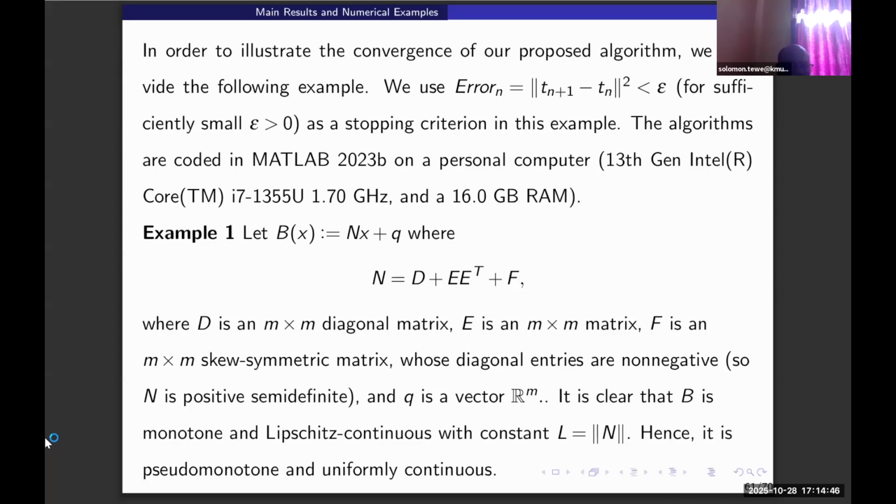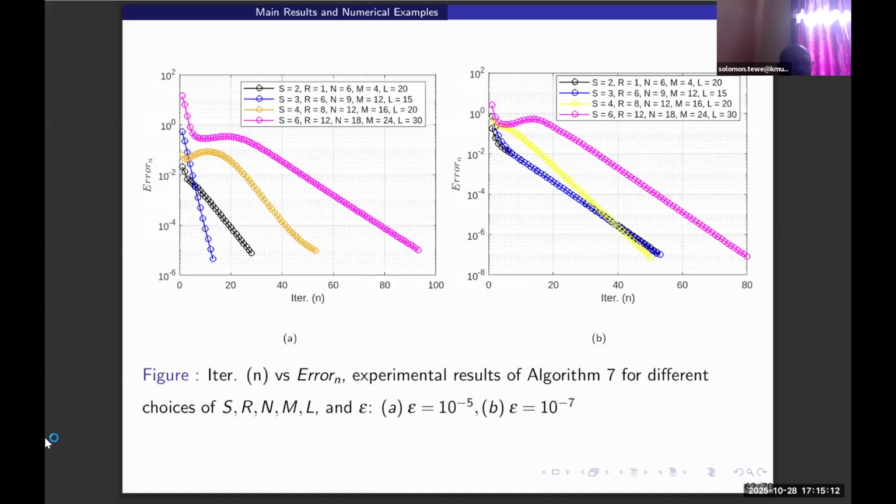These are the conditions that we stated in our algorithm. We state that the operator B is pseudo-monotone and uniformly continuous. So using the above definitions, we can satisfy that B is pseudo-monotone and uniformly continuous, since it is monotone and Lipschitz continuous. By varying the values of S, N, M, and L, we get different results, and also by varying the stopping criteria, we have different cases.